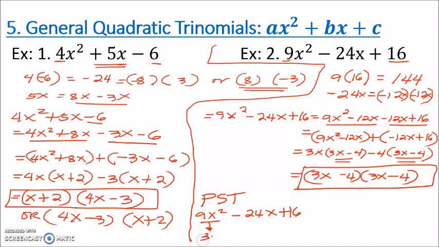So that's square root niyan ay 3x. Si 16 din ay perfect square. Ang square root dito ay 4. Okay. Now, pag minultiply mo yung dalawa, yung 3x times 4, and then minultiply mo yan sa 2, it would be negative 24x, yung middle term.